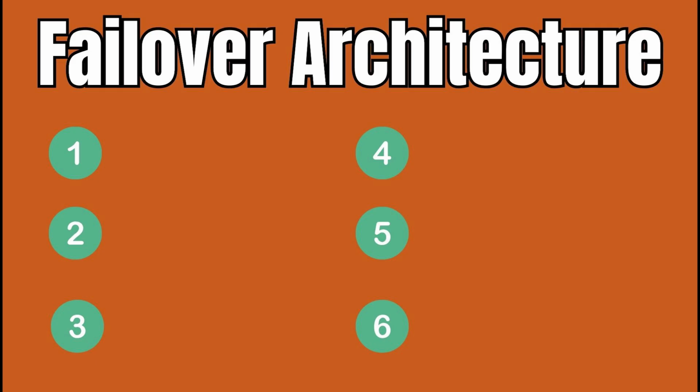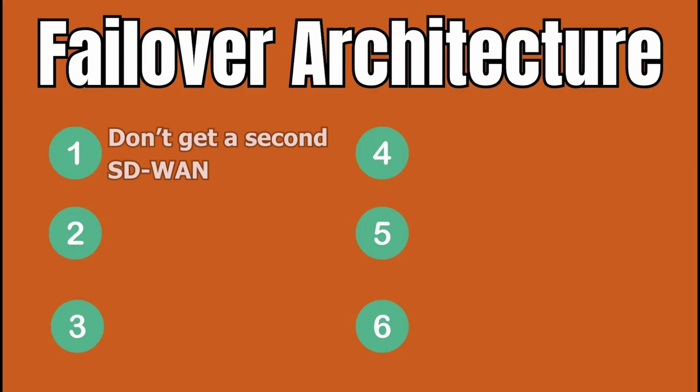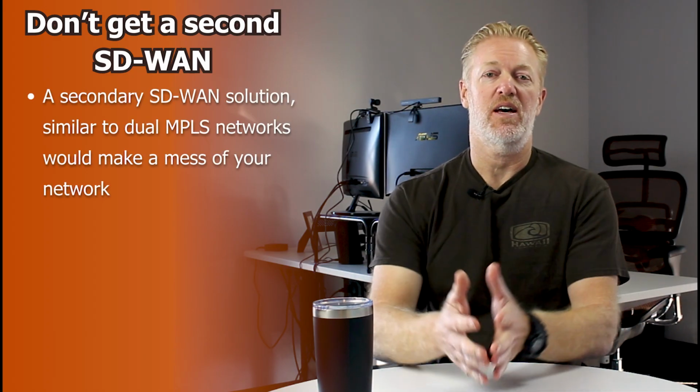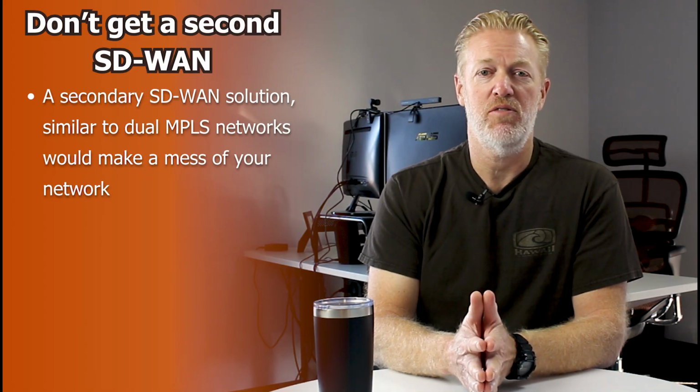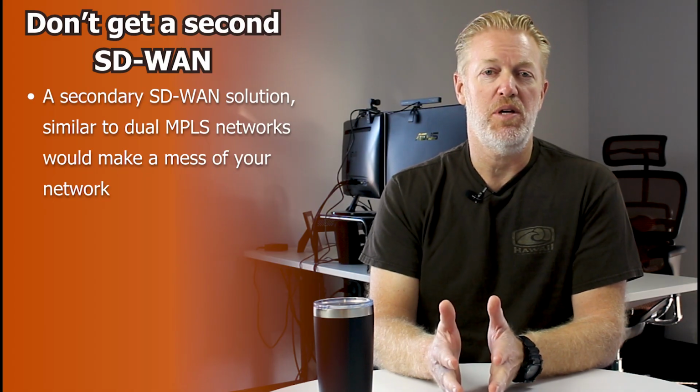All right, what are the best redundancy options or failover options for an SD-WAN or SASE solution? Well, the first thing I want to get out right out of the gate is it is not to get a second SD-WAN solution. Sometimes customers come to me with that. Similar to right now, maybe you have a dual MPLS architecture.